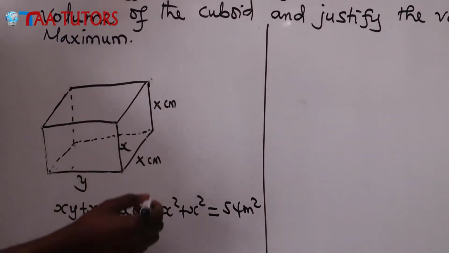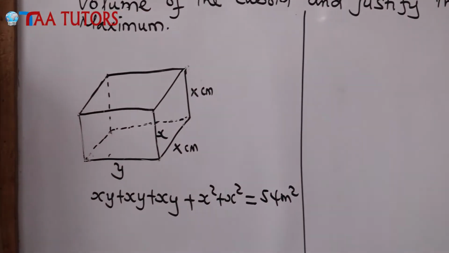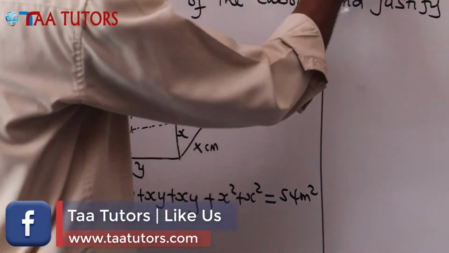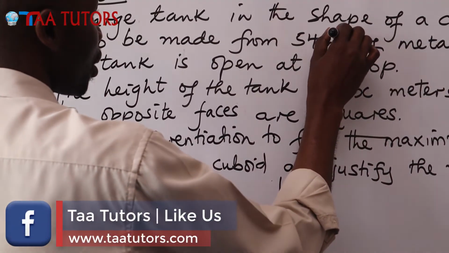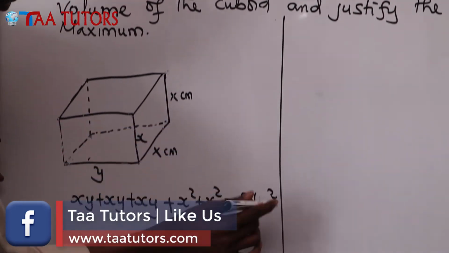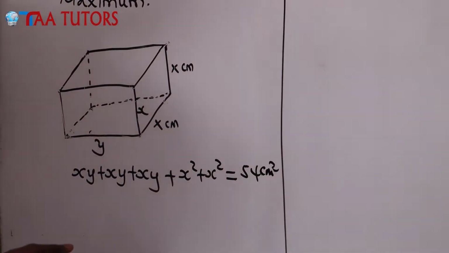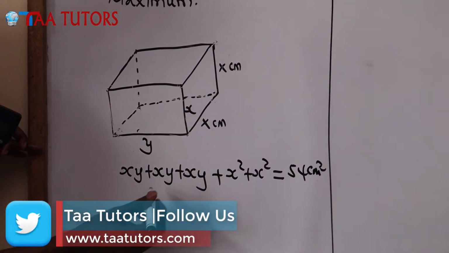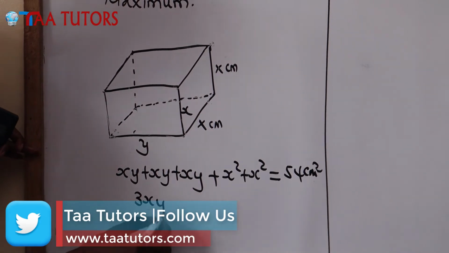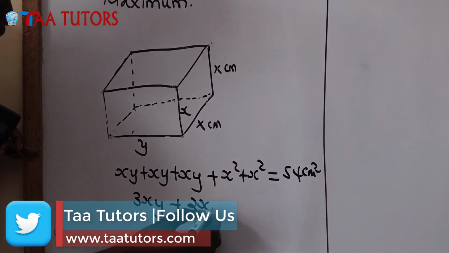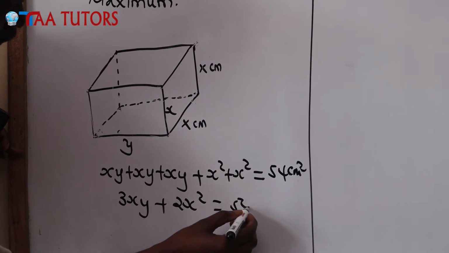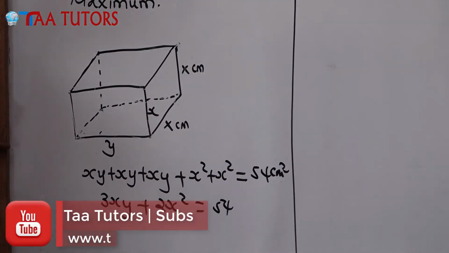meters squared. Now 54 meters squared, so this is meters squared. So if we add this, this will be 3xy plus 2x squared should give us 54 meters squared there.